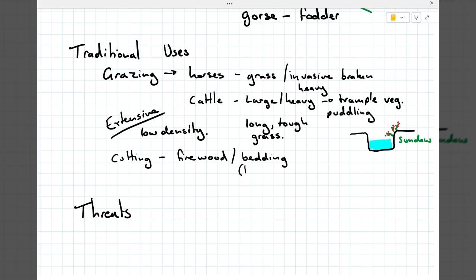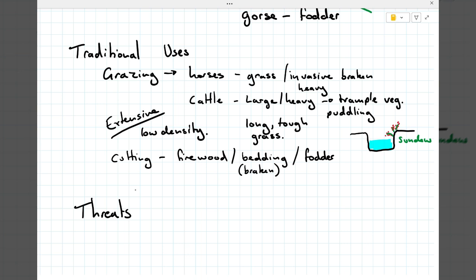Again, so another way we can control this invasive bracken. It's not an invasive species from outside of the UK or anything. It's just it would smother the heather and grass otherwise if it's not exploited in some way or controlled. And then also for fodder, which means food for livestock for the winter.